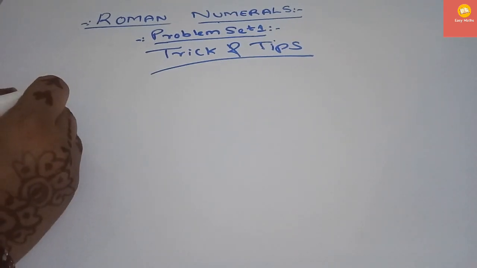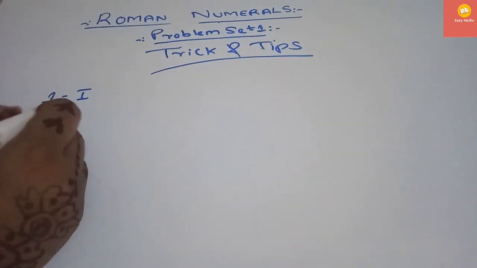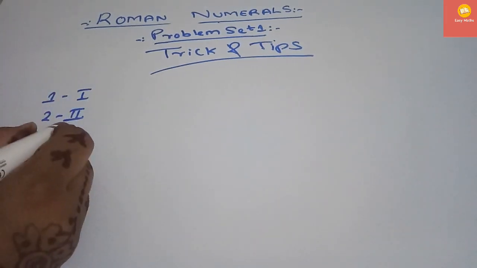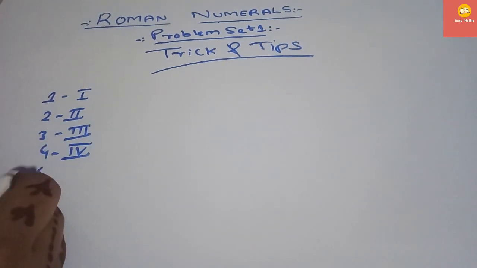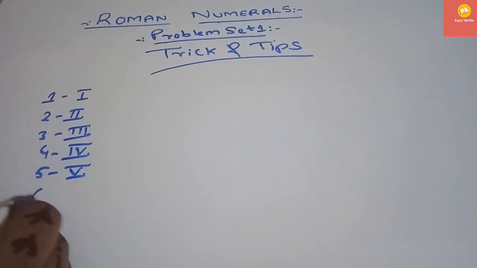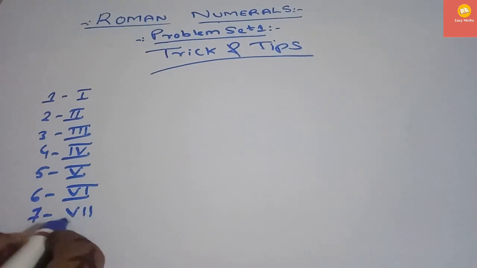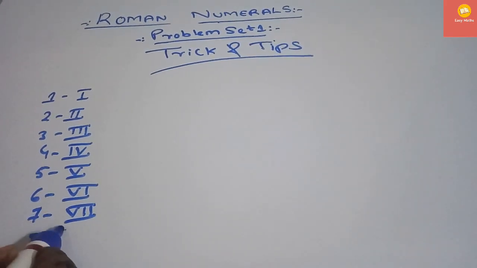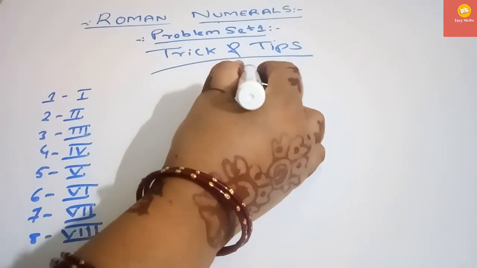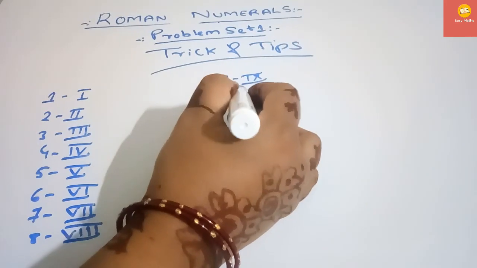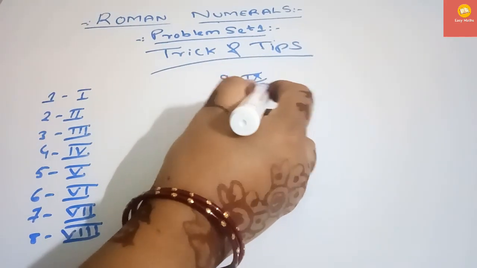You know, Roman number 1 is capital I, 2 is 2I, 3 is 3I, 4 is like this, 5 is capital V, 6 is this, 7 is 5, 6, 7, and 8 is 5, 6, 7, 8, and 9 is like this, and 10 is X. Okay.